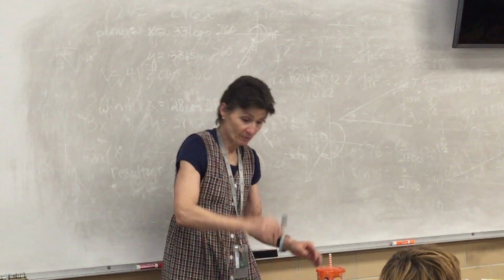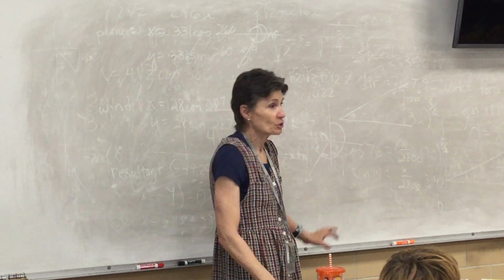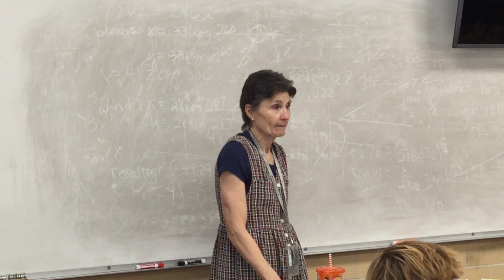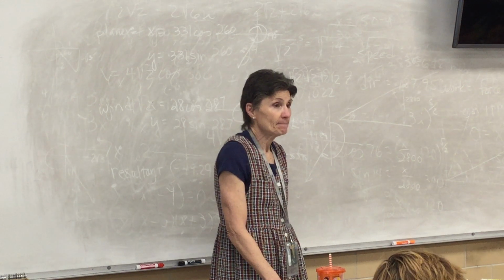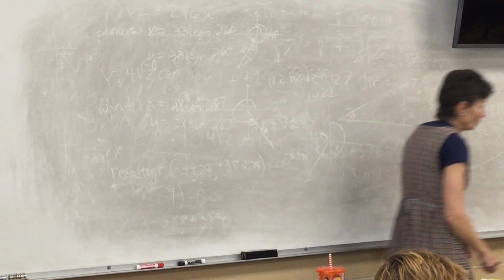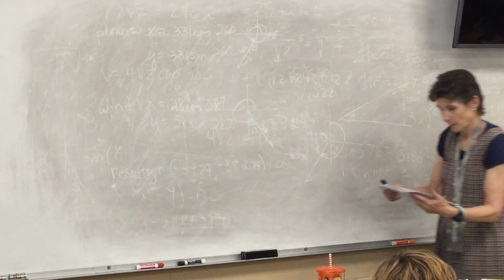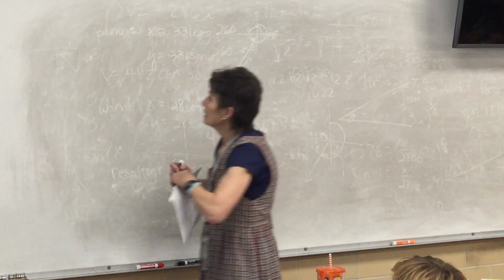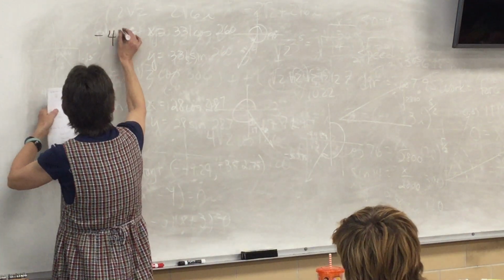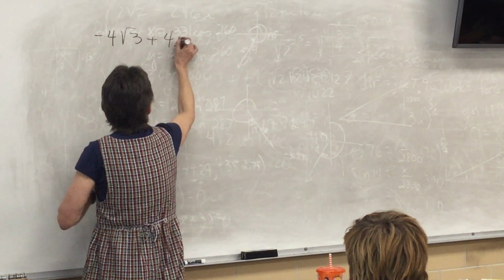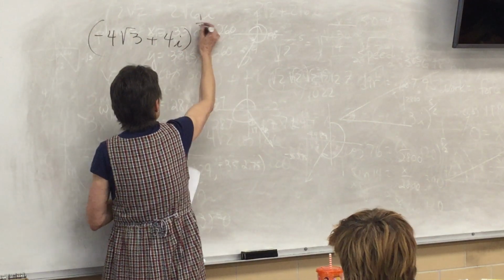Anybody who did get a bunch of check marks on your paper have a question about it? Aiden? On which homework, Aiden? 6.6. Number 5 says find the cube roots of this number.